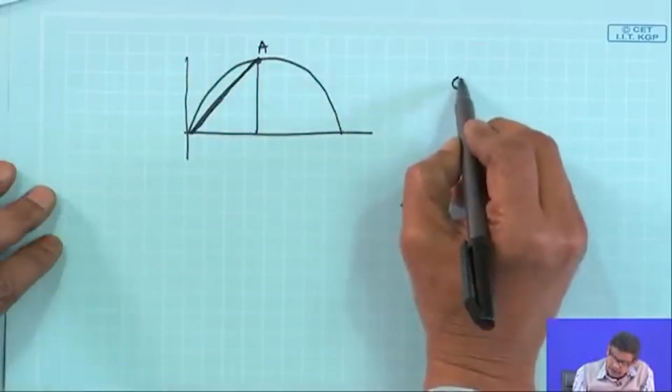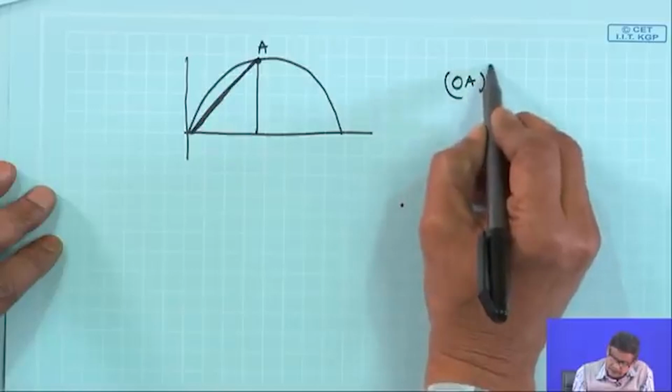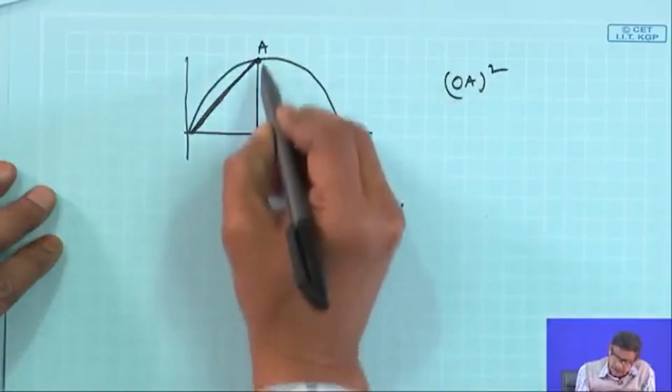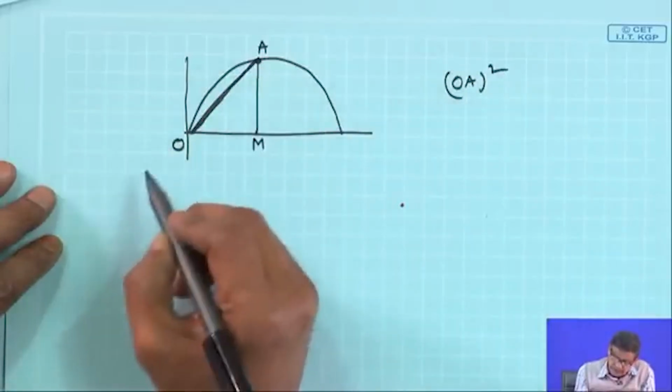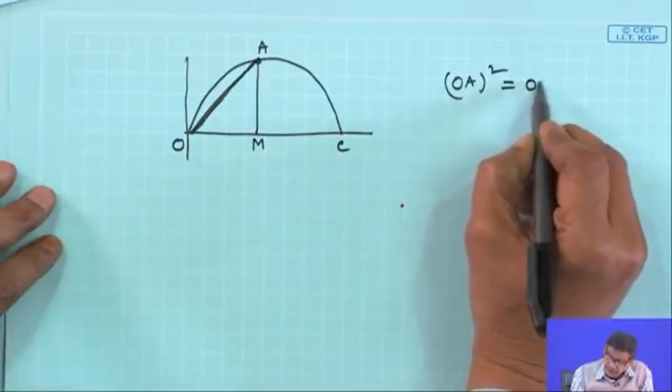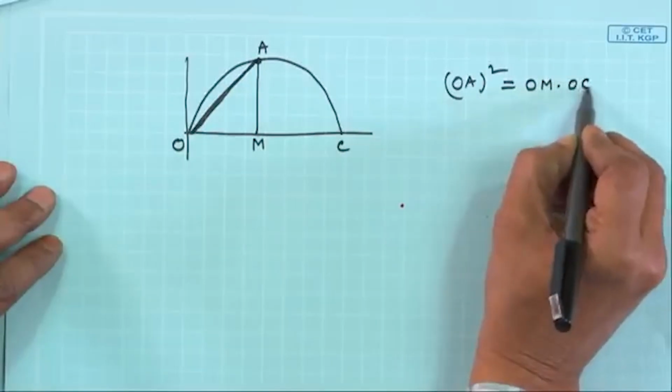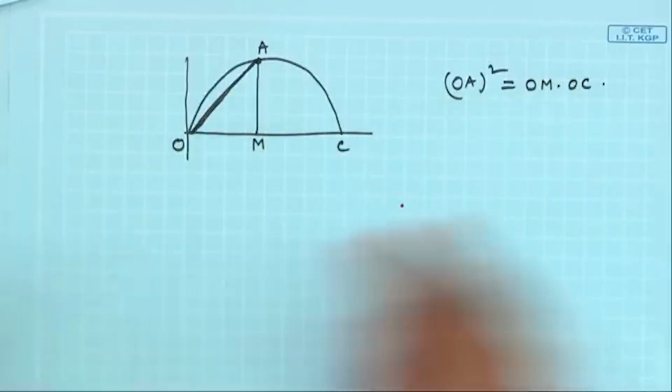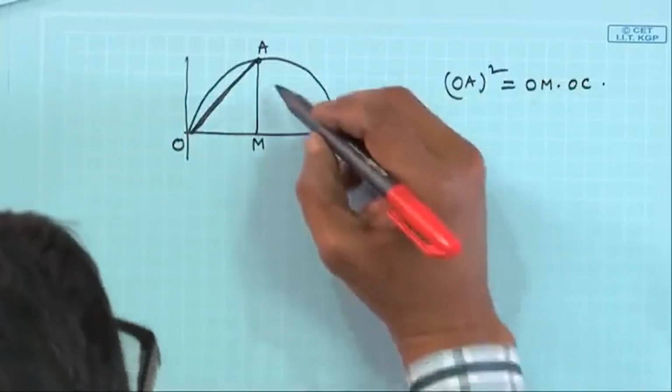This OA square, this length square, can be shown to be equal to OM into OC, where O is this point and C is this point. And the proof is very easy.